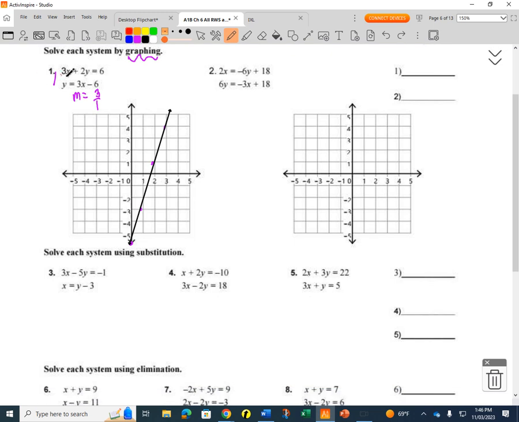All right, now we're going to look at this equation, and we need to solve it for y. So I'm going to rewrite it over here. That'd be subtracting 3x from both sides, and that's 2y equals negative 3x plus 6.